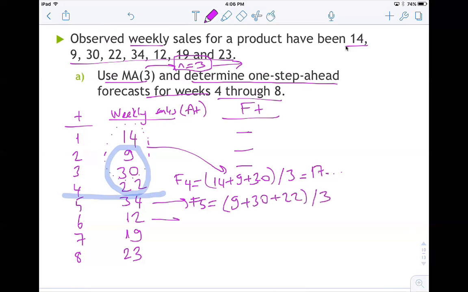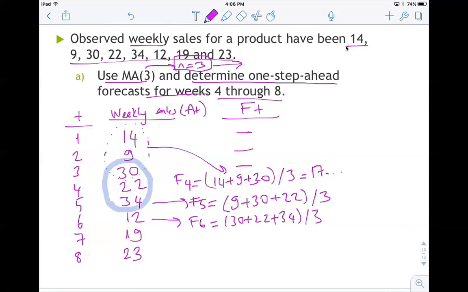And our F6, our forecast for week 6, would be then just these 3. Okay, it would be 30 plus 22 plus 34 divided by 3. Let's keep going. So our F7 would be using these 3 numbers in the forecast.